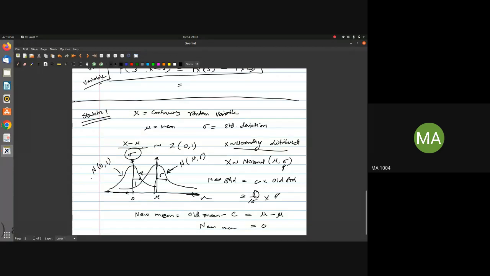What happened? It is shifted, and the shape of the PDF will change, right? Previously the standard deviation was some value sigma, and now it is 1. If sigma is greater than 1 and I standardize it, it shrinks. The shape of the PDF changes.